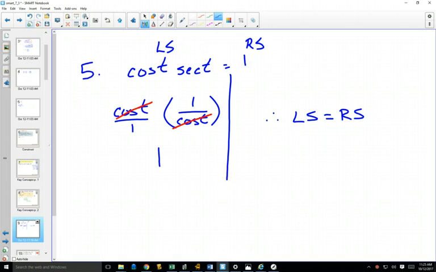Now, after this, I like to add some fancy math stuff. So the fancy math stuff that I like to add after saying the left side is equal to the right side, I like to go QED. Okay? The QED is very typical at the end of a math proof. It's an abbreviation in Latin.